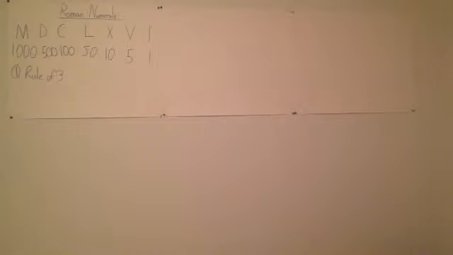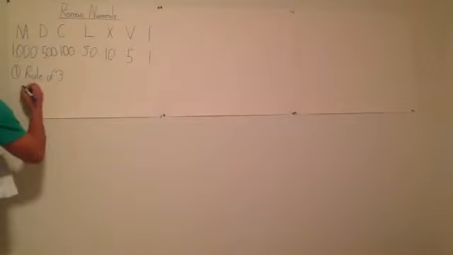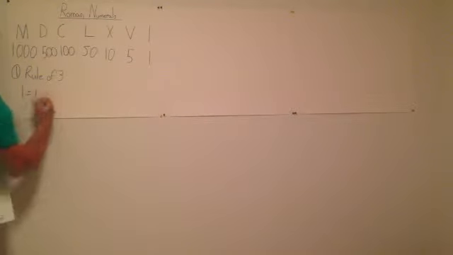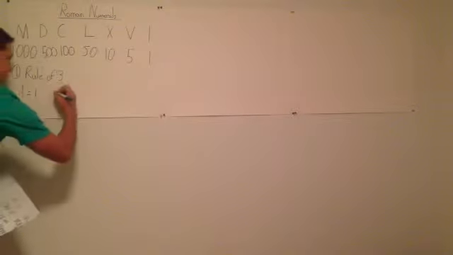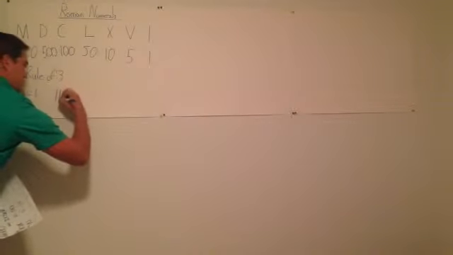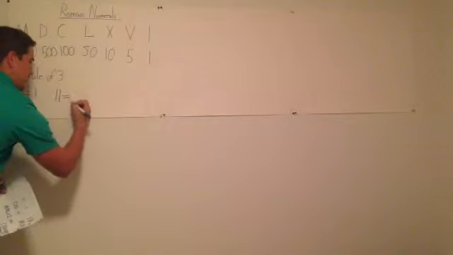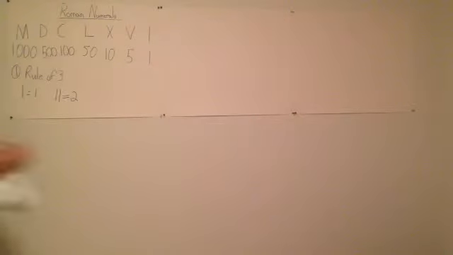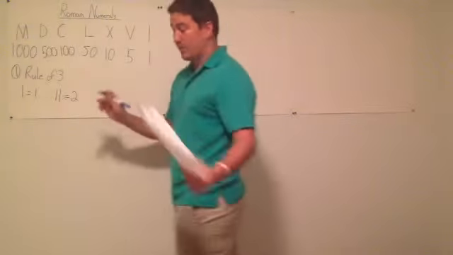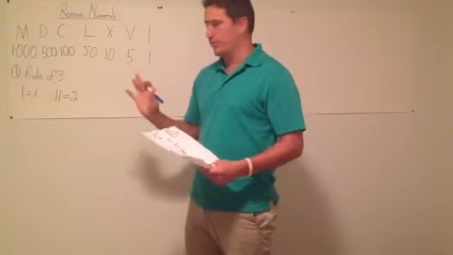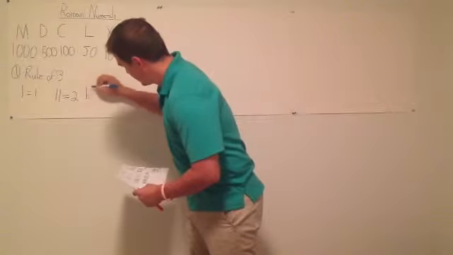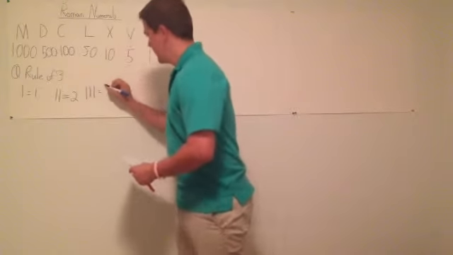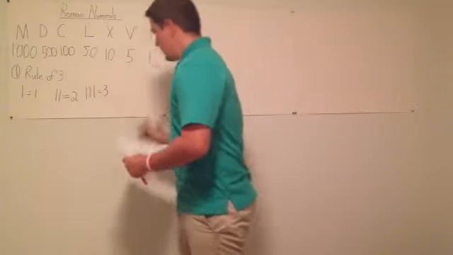So let's just go to an example. When you're trying to get 1, it would just be an I. When you're trying to get 2, since you can have 2 together, you can have 2 I's, which is 2. The third one, which would be the max of the rule of 3, would be 3 I's, and that would be 3.